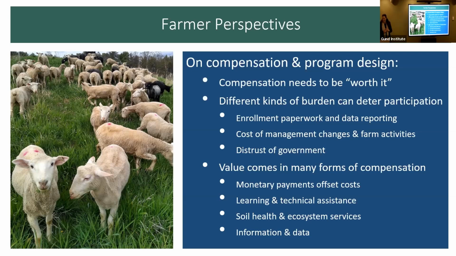And then there are different kinds of burden. We categorized these: there's the administrative burden, which is part of what the compensation should be covering. That's how much paperwork they have to do, essentially, and data reporting. And then they also think about the cost of the management changes. And then there's a third piece, which is trust.